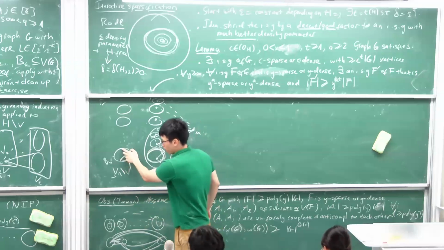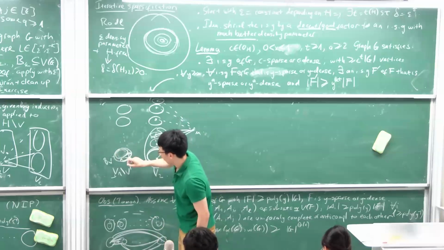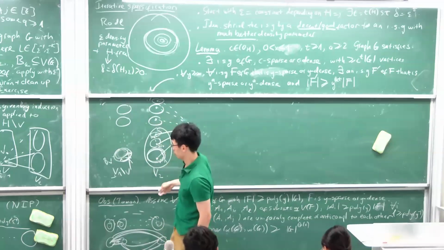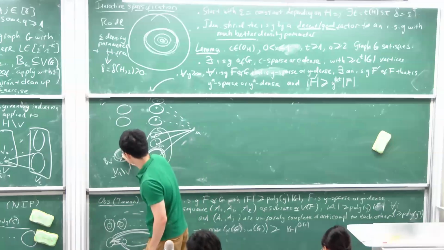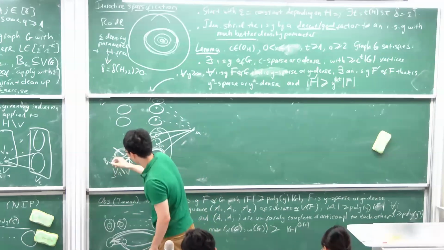And now I still have lots of vertices here with the correct adjacency to all of the embedded vertices on the right-hand side. And so I can pick one and let this vertex represent V prime.